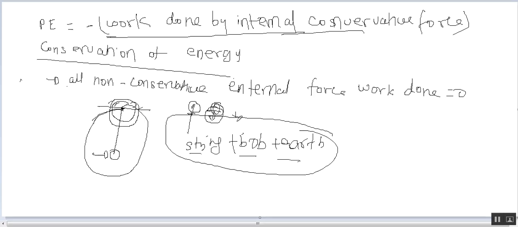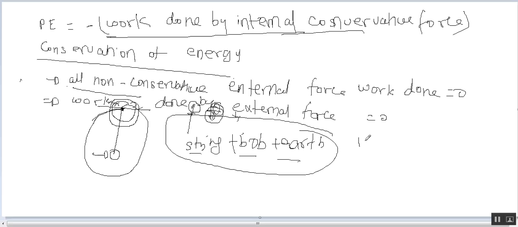If work done by all non-conservative internal forces should be zero, that is the first thing, and the second thing is work done by all external forces should be zero.